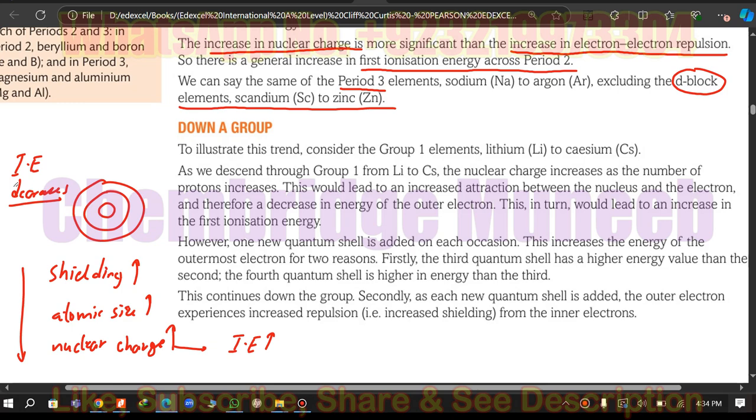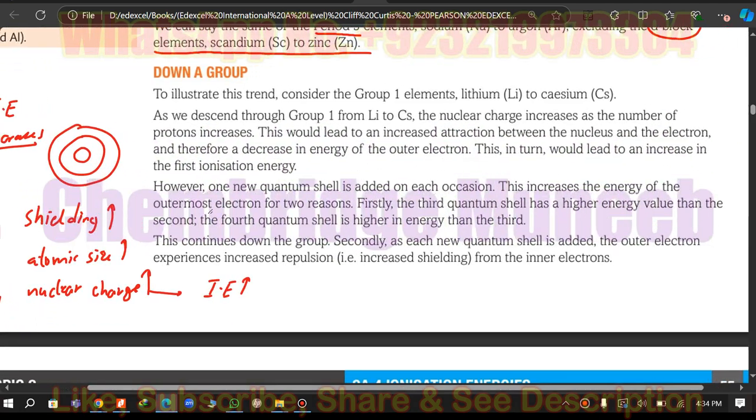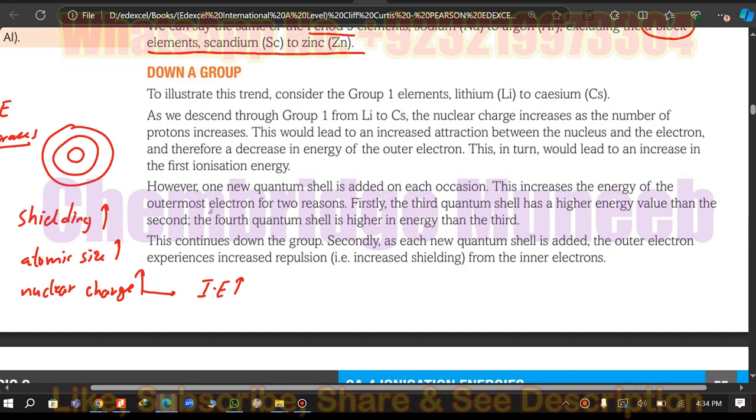There's more shielding, and as you go down they have more electron repulsion. The electrons have higher energy, so less ionization energy is required.